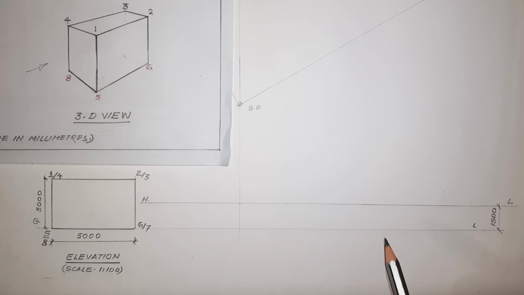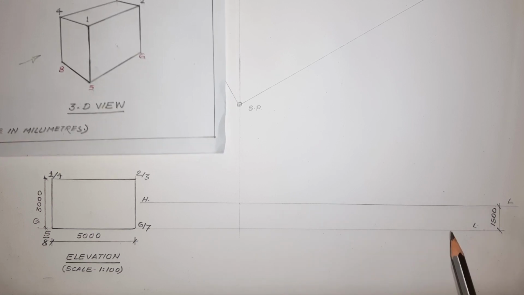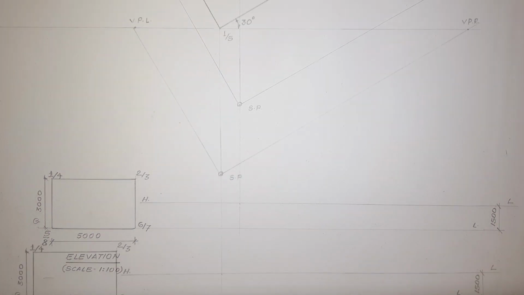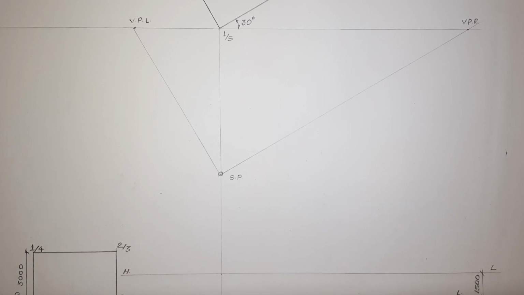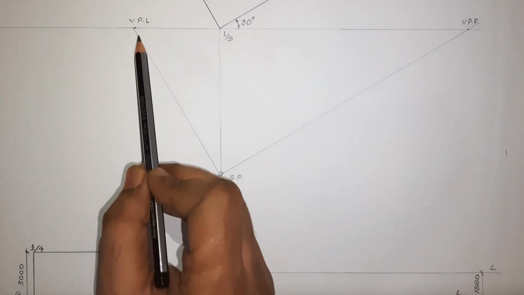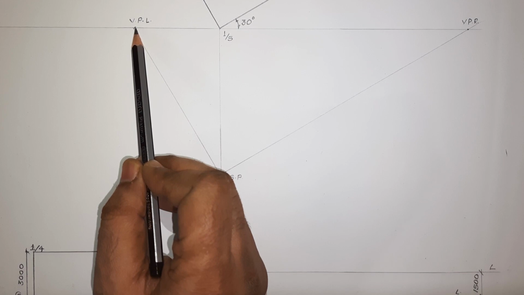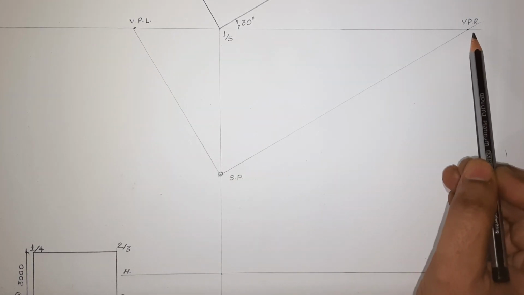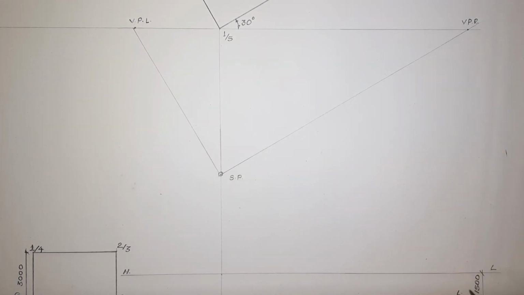Thereafter, the process is to locate the vanishing points on this horizon line. To locate vanishing points on the horizon line, we have to transfer the vanishing point on the left hand side and the vanishing point on the right hand side to this horizon level.